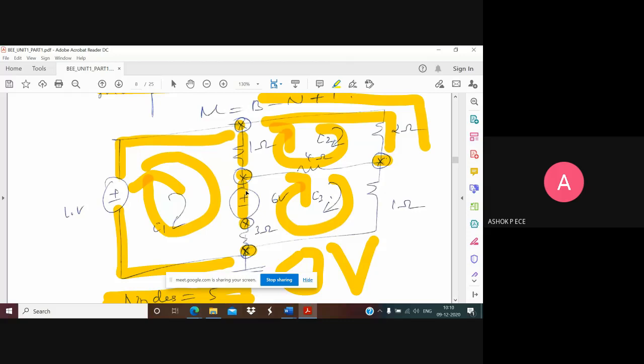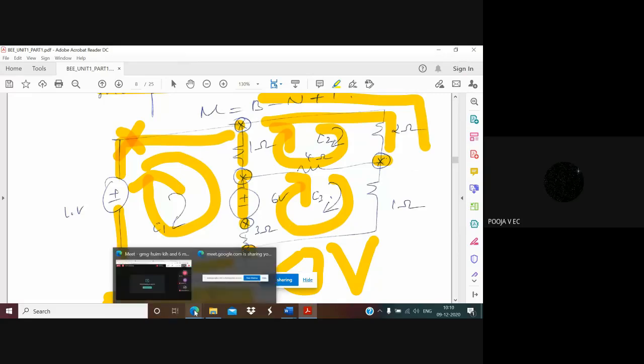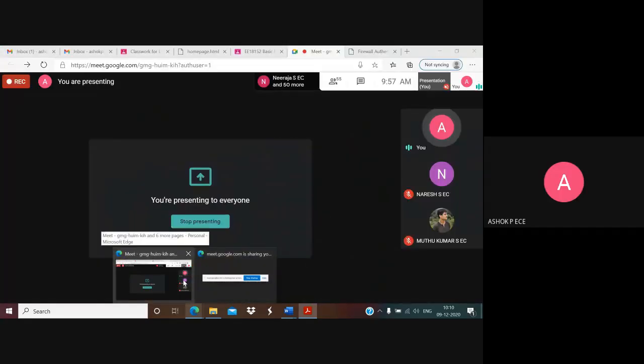No. That entire source should be treated as a single component only. That is the rule. See, this voltage source is between these two nodes. If you have a resistor here, then we'll be putting one more node here. Are you able to understand? So we can't share nodes between two batteries or AC circuits. Yes. Understood. Correct.